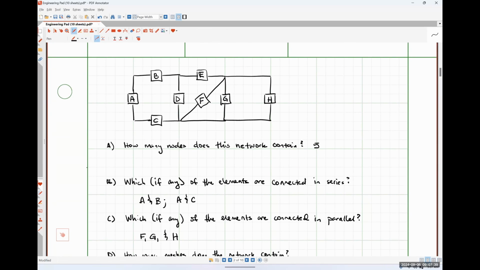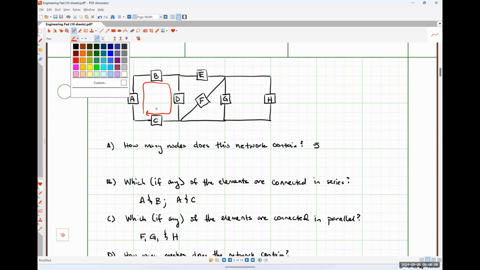Would anybody care to give me their opinion on the number of meshes? 4. Okay. So I believe that there are 4 meshes as well. So I'll go ahead and identify them really quickly. So we have this left-hand mesh where A, B, C, and D are connected. Let's call that mesh 1.